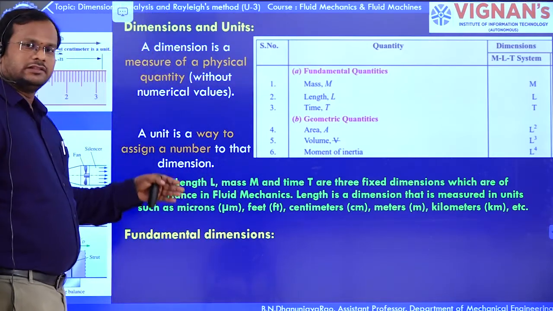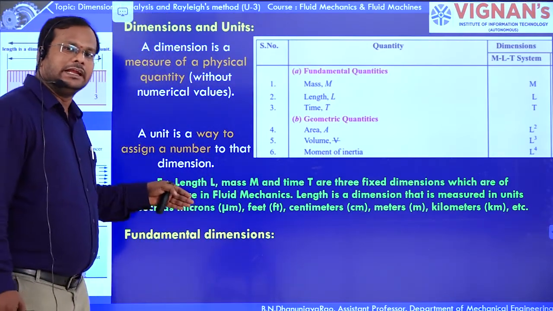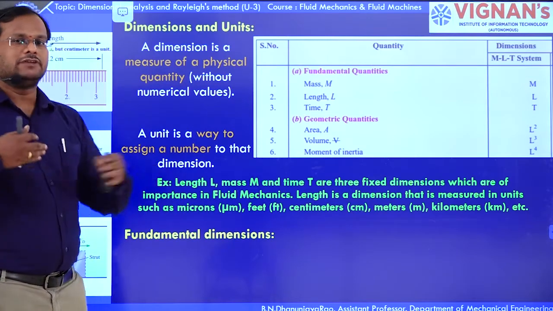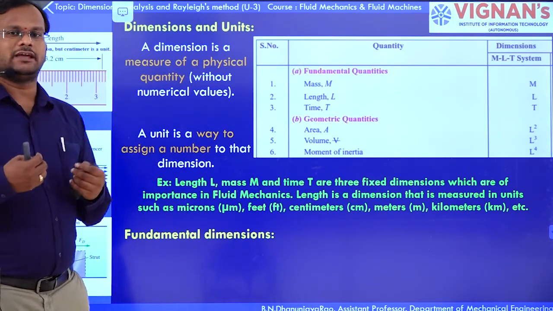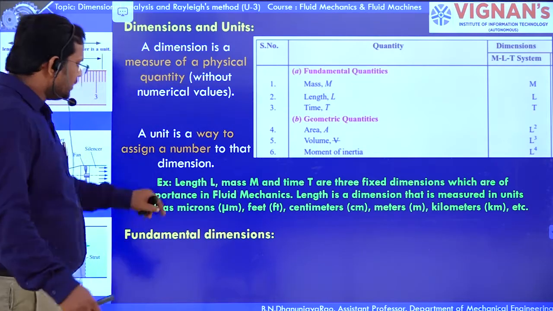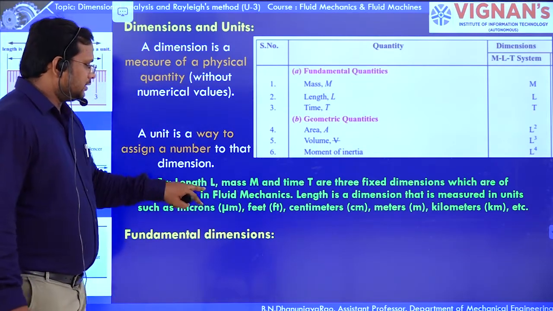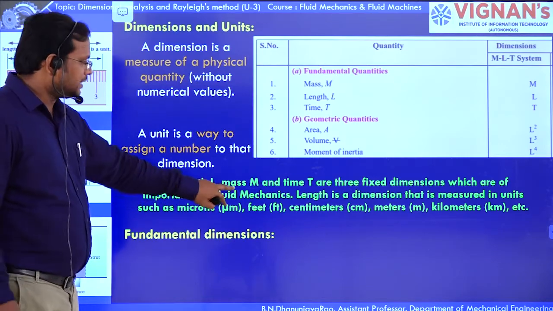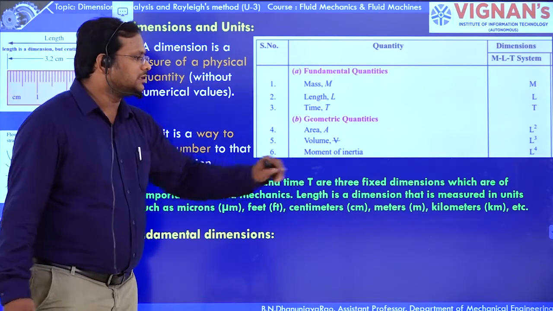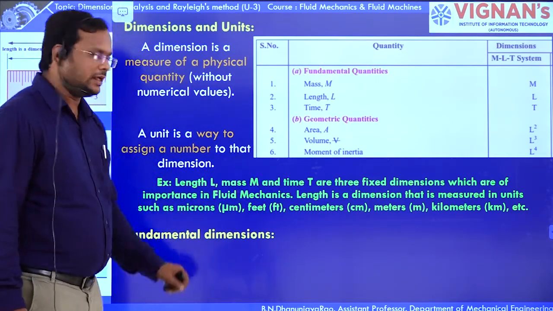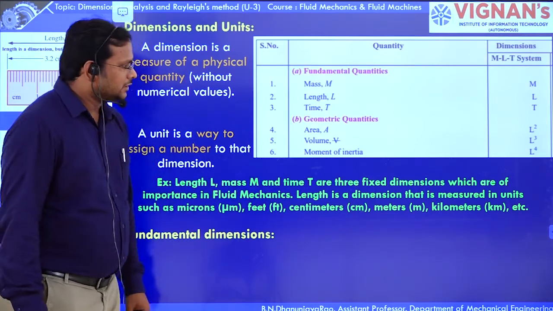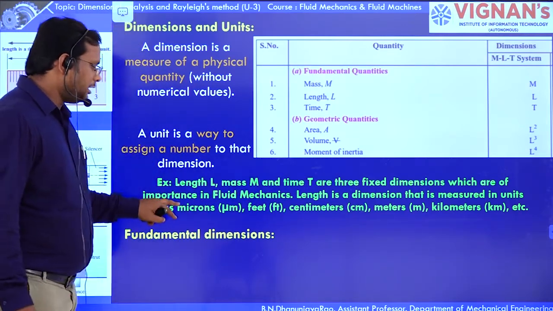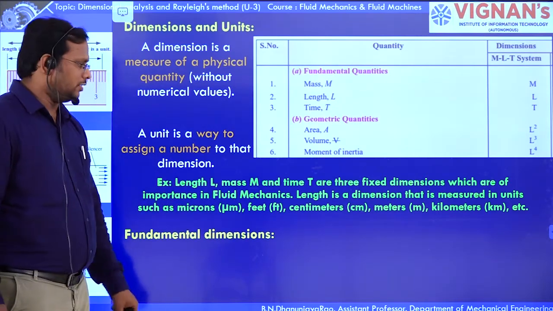Here there is an example which gives us a clear explanation of what is a dimension and what is a unit. Length L, mass M and time T are the three fixed dimensions which are very important in fluid mechanics problems.